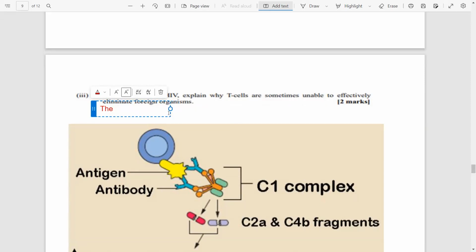Well, part of what you said about incorporating the DNA is good. So the T helper cell is infected, and the virus integrates its DNA into the host DNA.